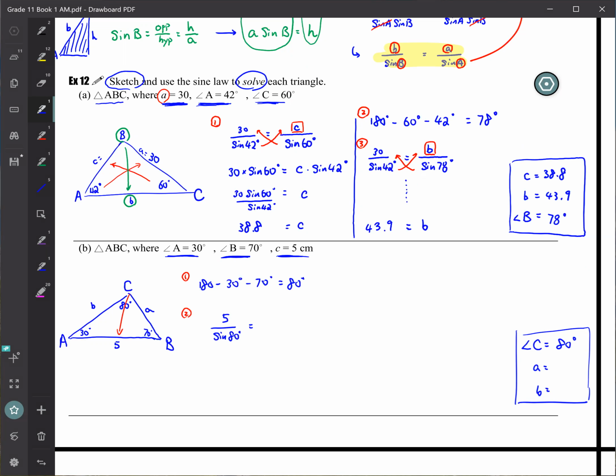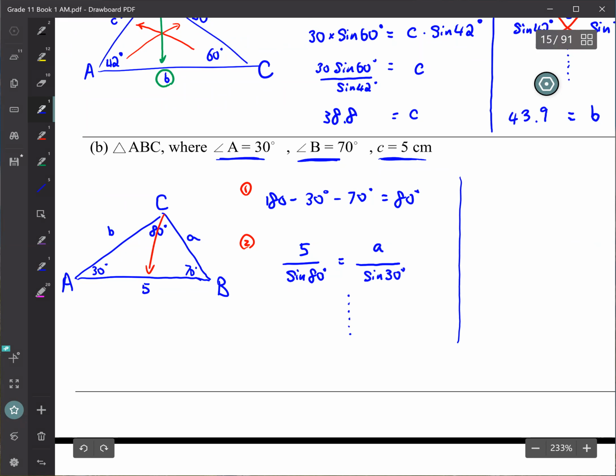So Nathan, which one do you want to find first? A. Okay, so how do I set it up? What over what? Small a over sine 30. Yep, very good. Then from there, you do the cross multiply, and after that, you do the same thing.